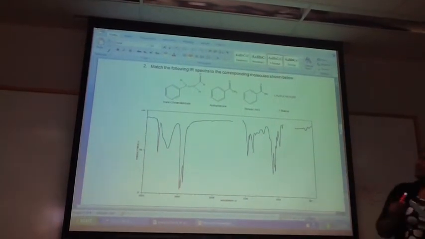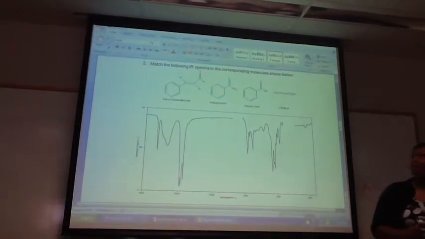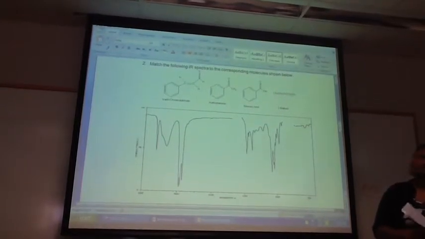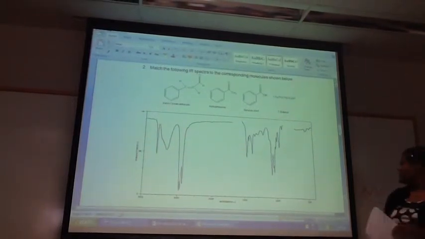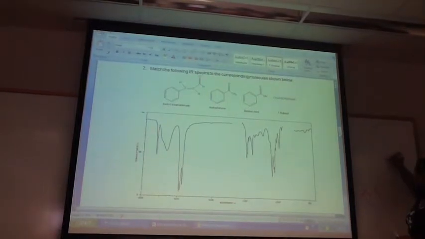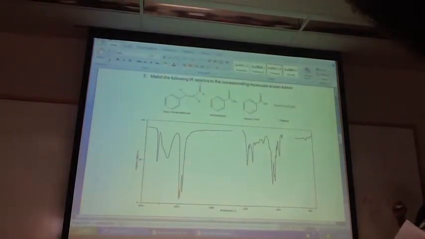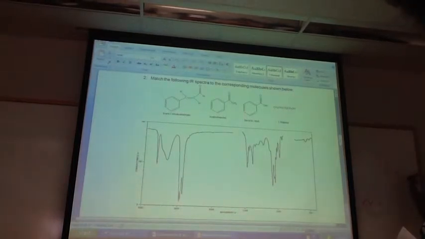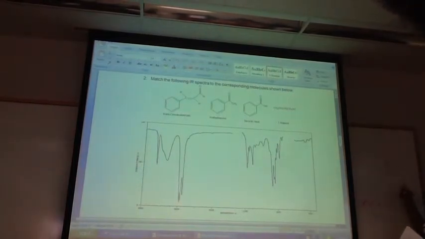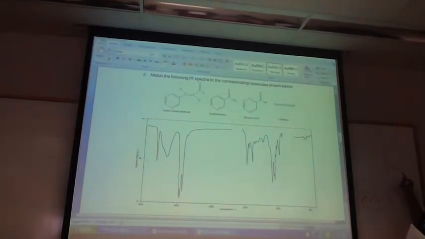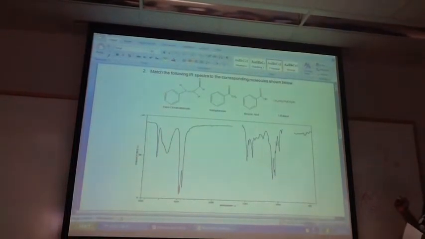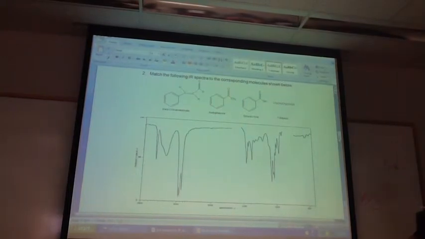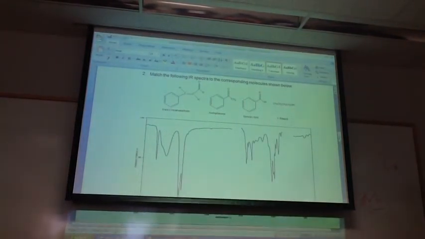So what's in acetophenone? Sabiha. Is that a ketone? Yeah. So to review, what kinds of things can I have with C double bond O? Ketone, aldehyde, carboxylic acid, amide.